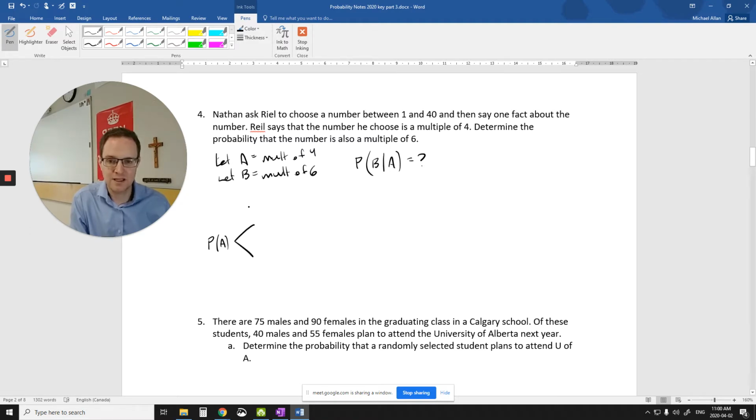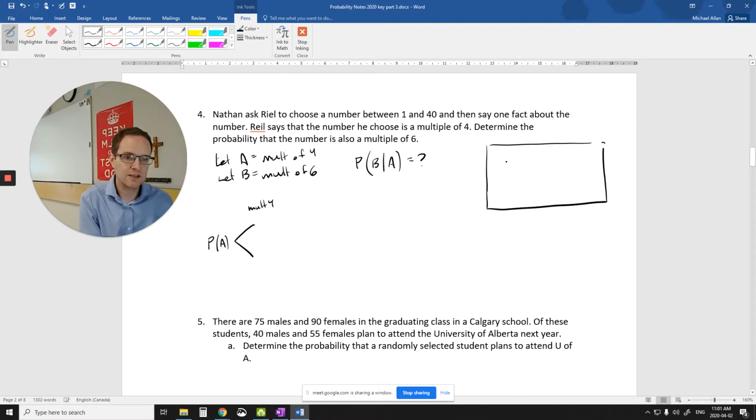To be a multiple of 4, you have to be a bunch of different numbers. And maybe by drawing a Venn diagram, we can actually see the numbers of the multiples of 4 compared to the multiples of 6.